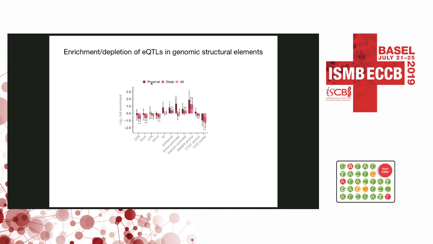Proximal are those located within around 17 kb distance from correlated genes, and distal are located farther away. You can see that proximal eQTLs are enriched in enhancers and transcription factor binding sites, which is what was shown already in the literature. But we see even higher enrichment of the proximal eQTLs, and enrichment of distal eQTLs, in RNA Pol2 anchors.